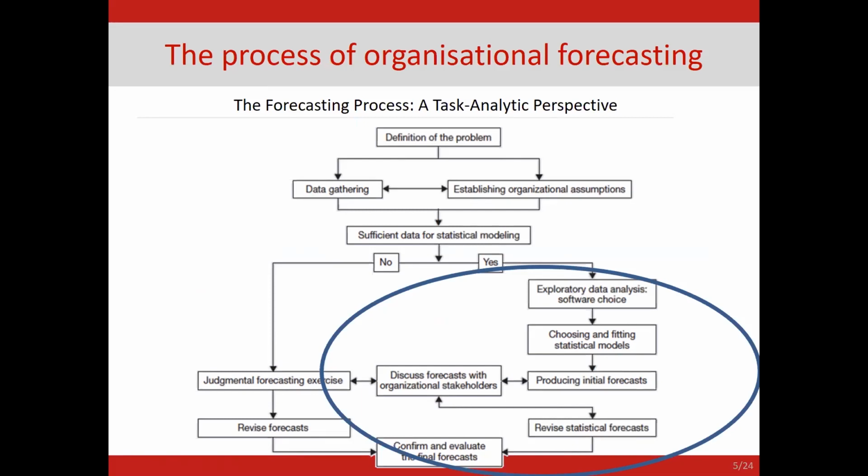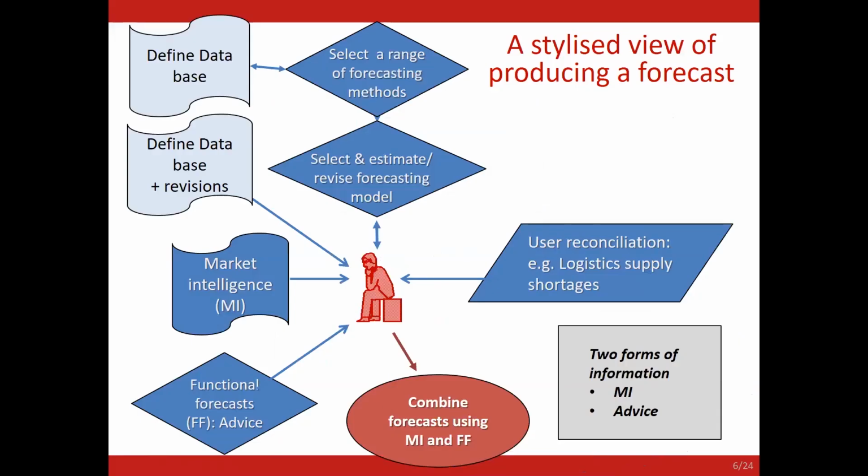So that's the process we're going to focus more on. Now, this attempts to apply to pretty well everybody who's producing forecasts, a sort of stylized view of these activities I've just sketched out.